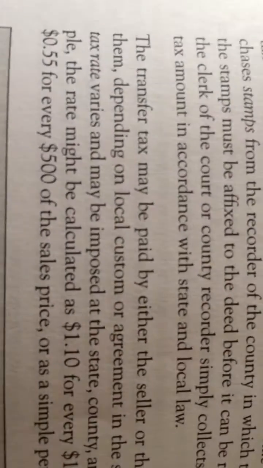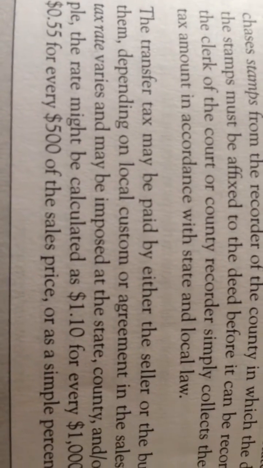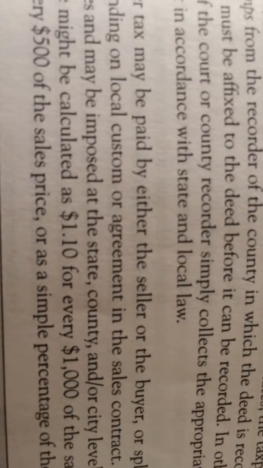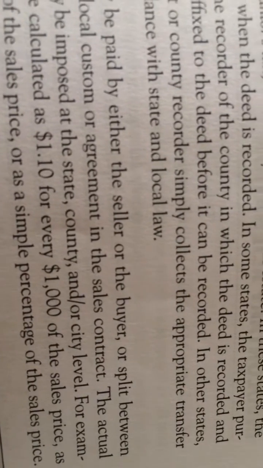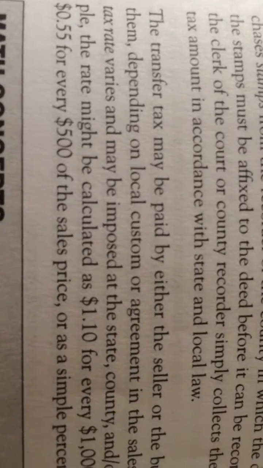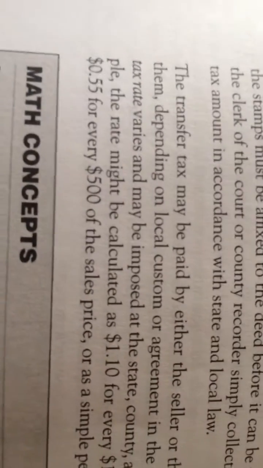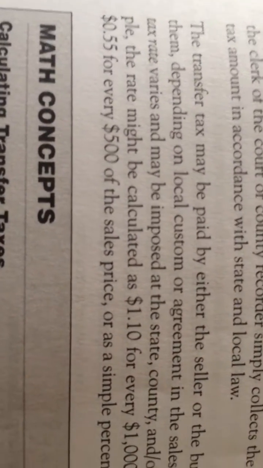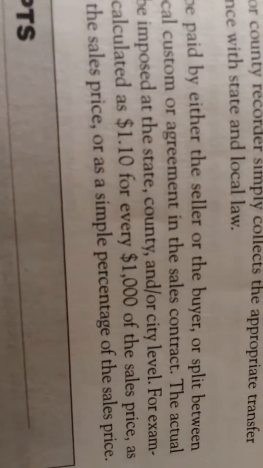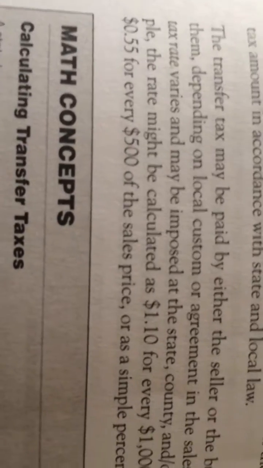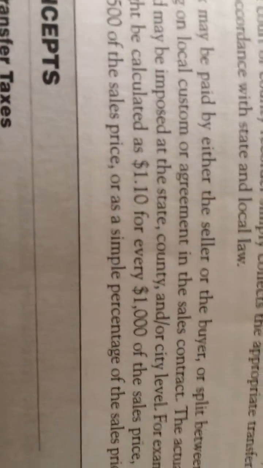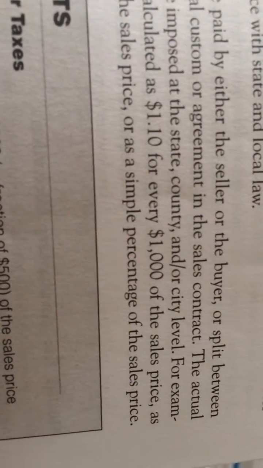In other states, the clerk of the court or county recorder simply collects the appropriate transfer tax amount in accordance with state and local law. The transfer tax may be paid by either the seller or the buyer, or split between them, depending on local custom or agreement in the sales contract.